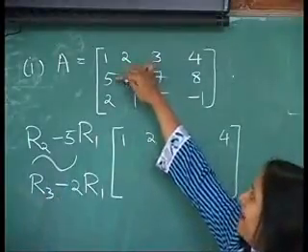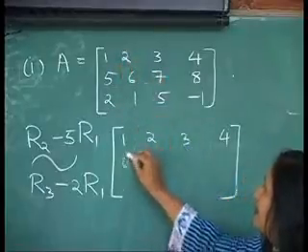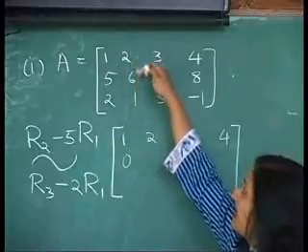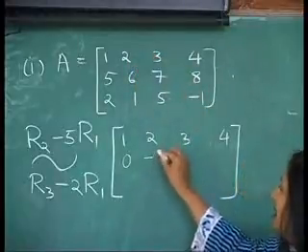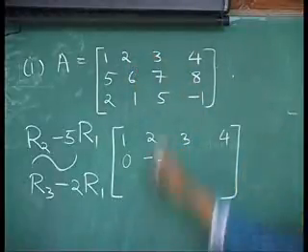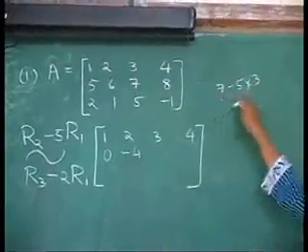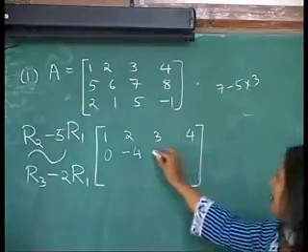R2 minus 5R1: 5 minus 5, 0. 6 minus 5 into 2, 6 minus 10, that will give us minus 4. Then we have 7 minus 5 into 3, 7 minus 15, that's minus 8.